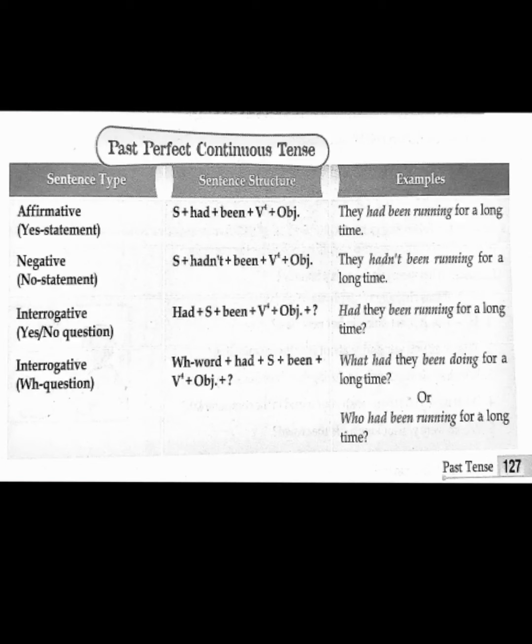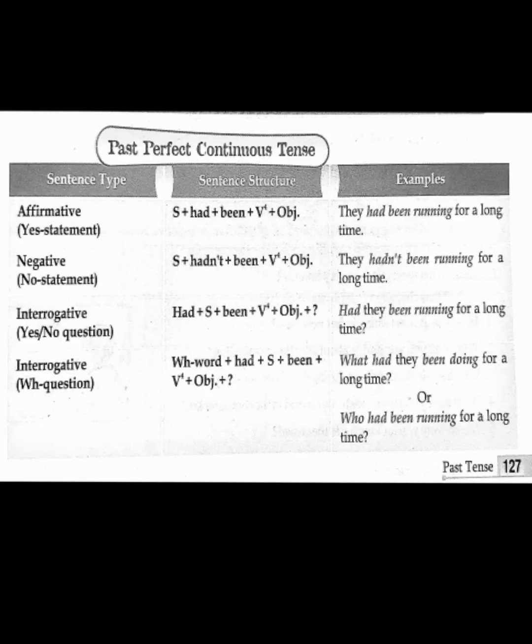Now let's see what happens in WH questions. In a WH question, interrogative case, the first position is the WH word. So WH word plus had plus subject plus been plus verb fourth form plus object plus question mark. So let's see the example: What had they been doing for a long time?